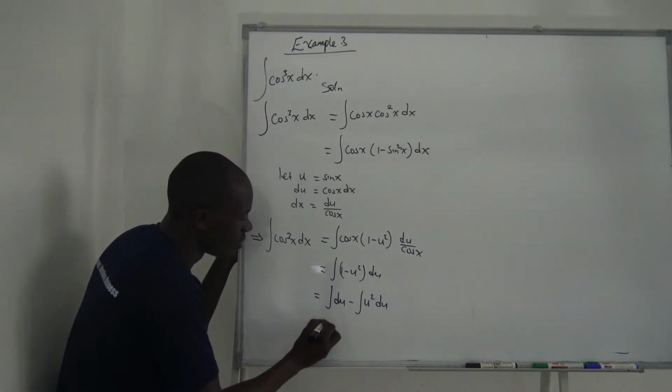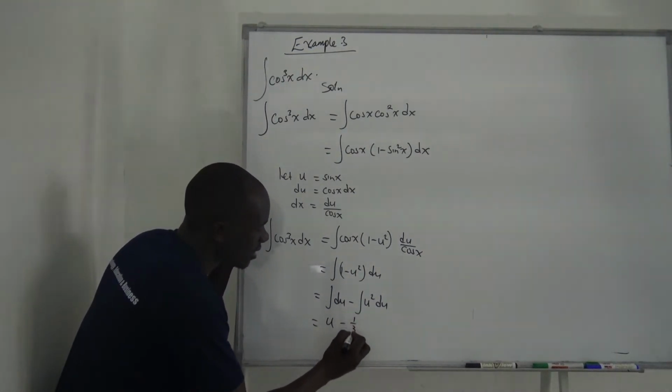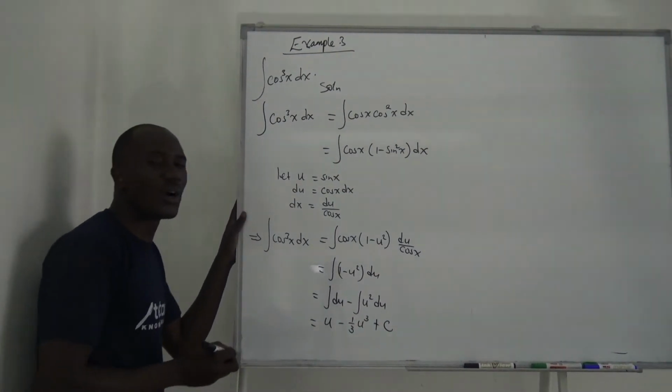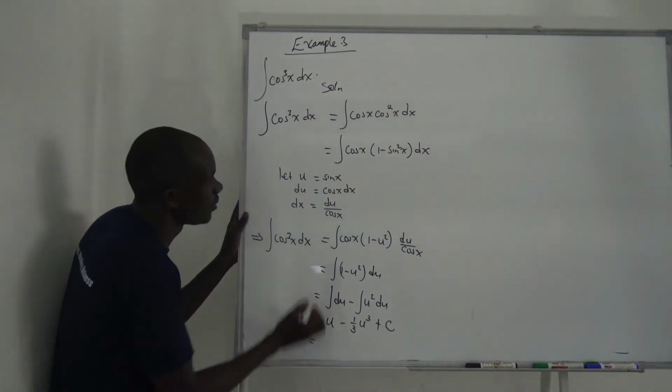When we integrate du, what do you get? u minus, and when we integrate u squared, we get a third u cubed plus c. But do we know our u? Our u is already sine.